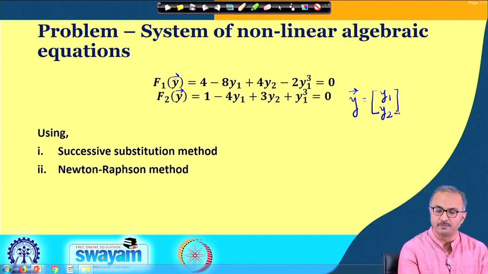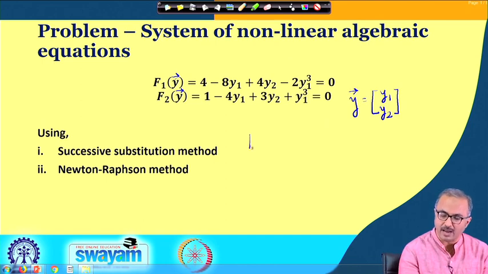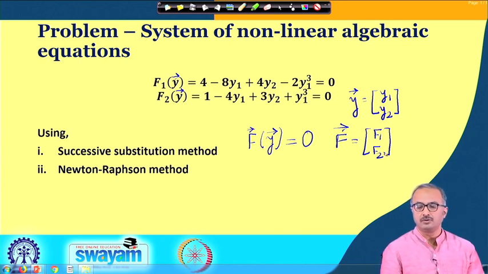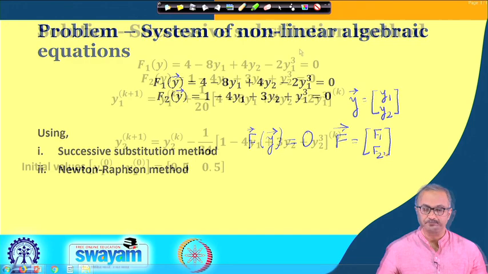If we put these two equations together, it will be another vector f, which is a function of the y vector, and we are trying to solve it to be 0, and f is equal to these f1 and f2 vectors. That is how we look at this particular problem.